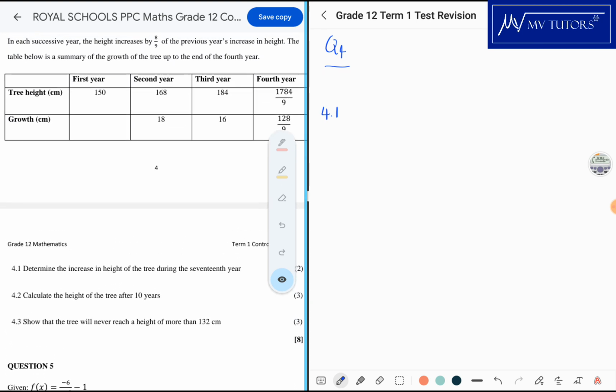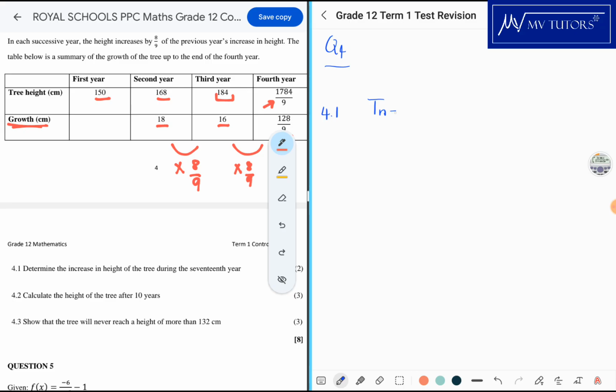So the increase in height, that's basically the growth. Okay, so we need to find out the growth for the 17th year. And since we have established that this is a geometric pattern, this is the equation that we're going to look at. T17: a would be 18.